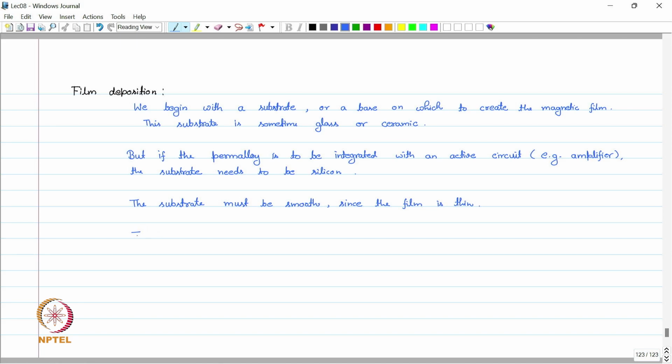The permalloy is deposited, for example by sputtering, on a substrate.